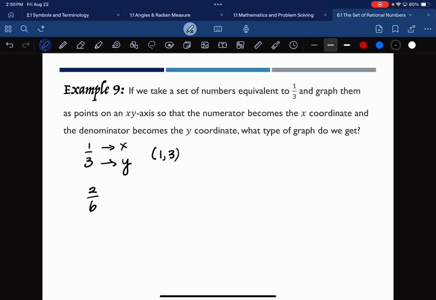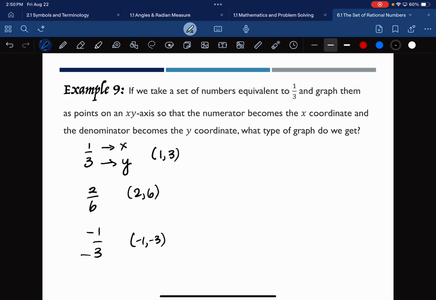Okay, we did this, right? Or we could multiply by a negative on top and bottom. I'm trying to use some small numbers because it'll graph better. So this becomes the ordered pair (2, 6), and this becomes the ordered pair (-1, -3). Okay, so we're creating ordered pairs based on equivalent fractions.